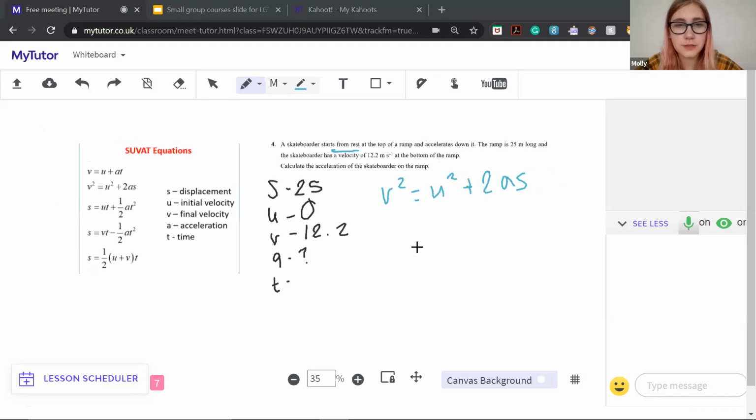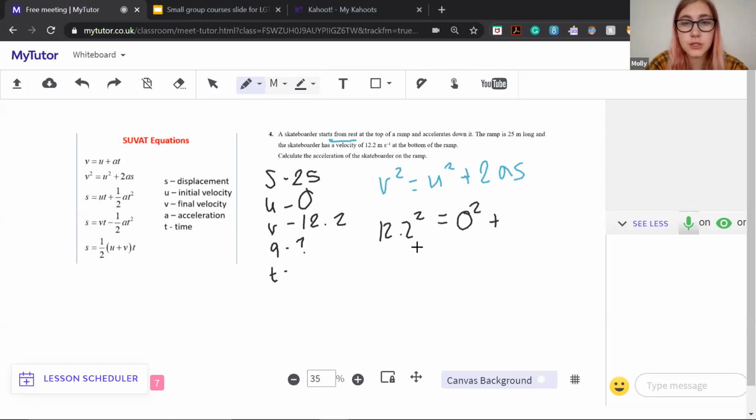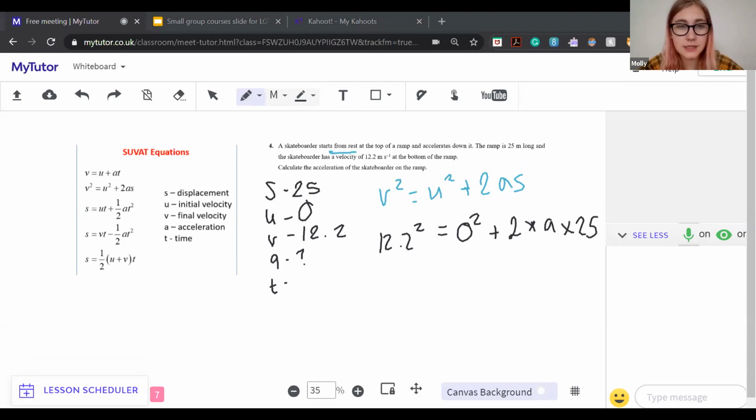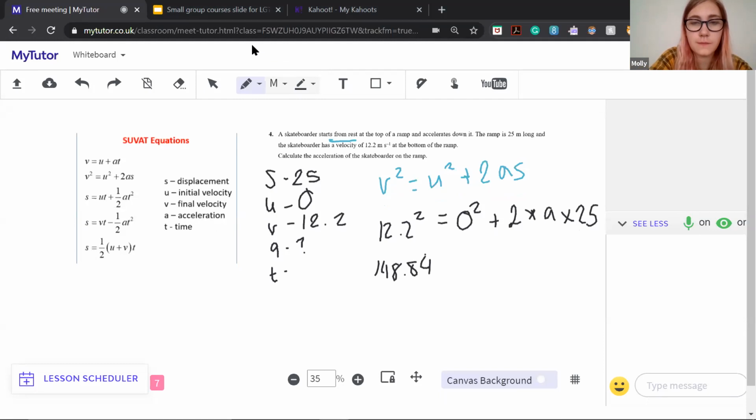Okay, cool. Let's go through this one. As usual, we just fill in the things. So v squared, 12.2 squared, equals u squared plus 2 times a times s. Tidy it up. 12.2 squared is 148.84, equals, well, 0 squared is just 0, so we're just adding this, 50a.